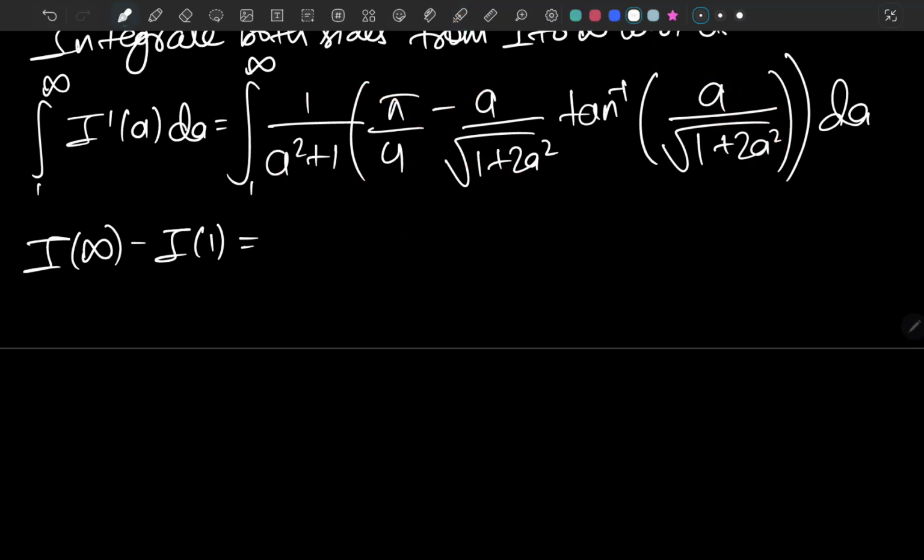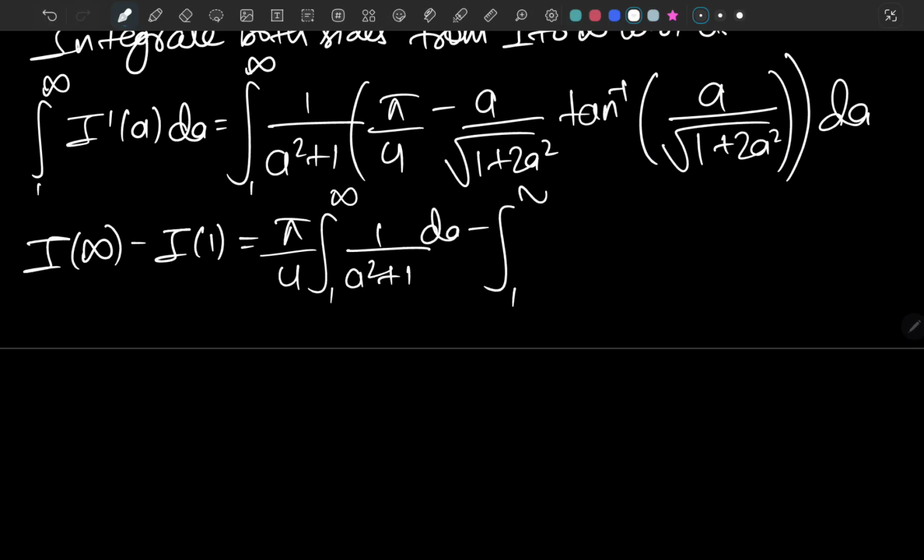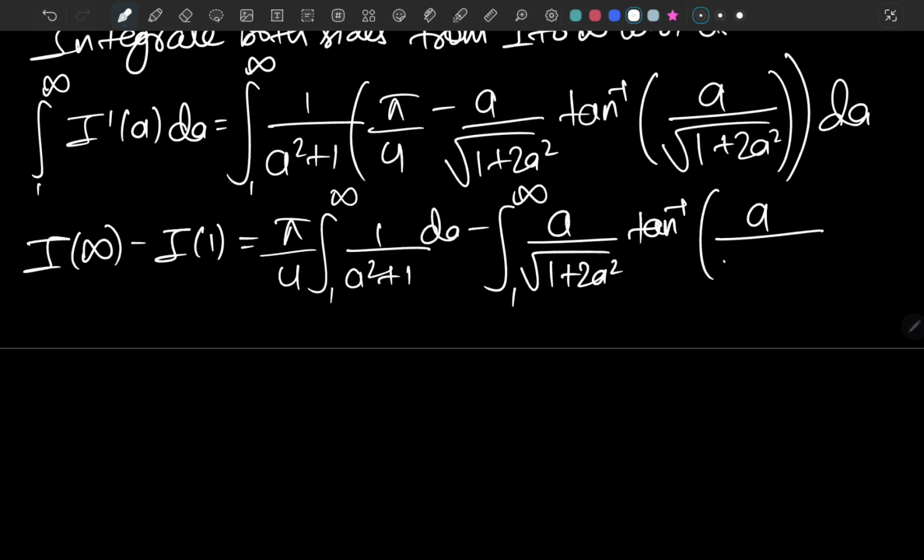That's going to give us pi over 4 times the integral from 1 to infinity of 1 over a squared plus 1 da, and minus the integral from 1 to infinity of a over square root of 1 plus 2a squared times arctangent of a over square root of 1 plus 2a squared da.